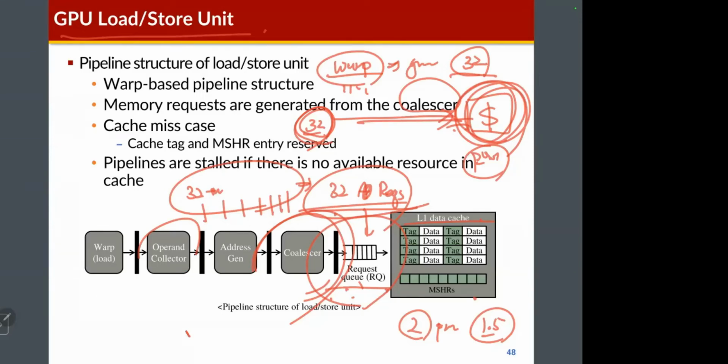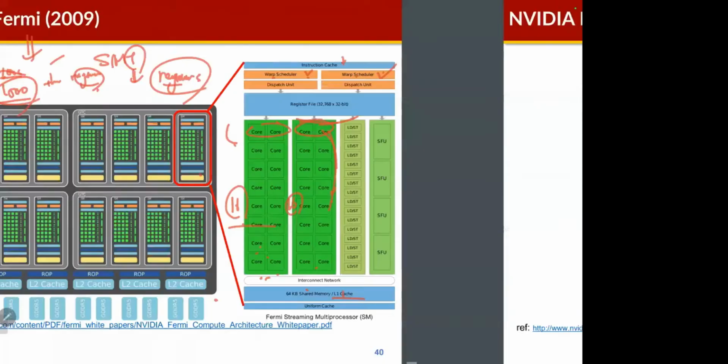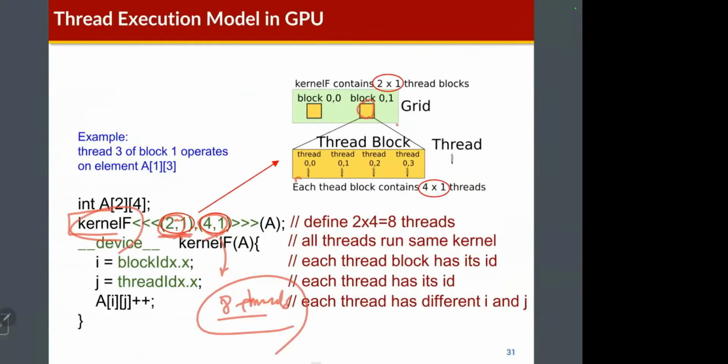It's very critical. Also, GPUs execute warps, and a warp includes 32 threads.